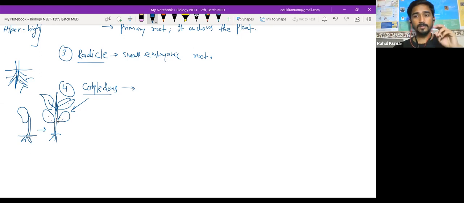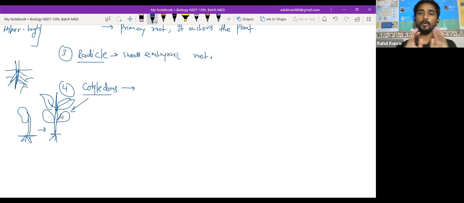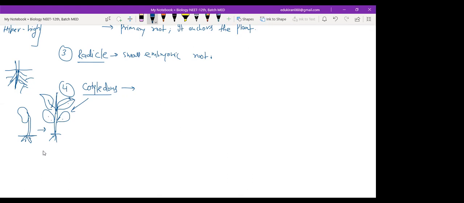So it looks like the first leaf, but they are not leaves, they are cotyledons. This is what I was telling. Okay, Fatima? Yes, sir. They are fleshy, filled with nutritive tissue, and they open, and from there the plant keeps growing and starts forming the real leaves after that. Okay? Yeah, thank you. Okay.